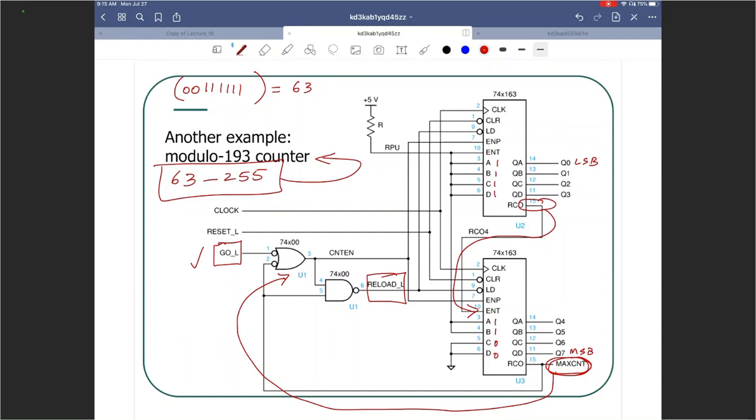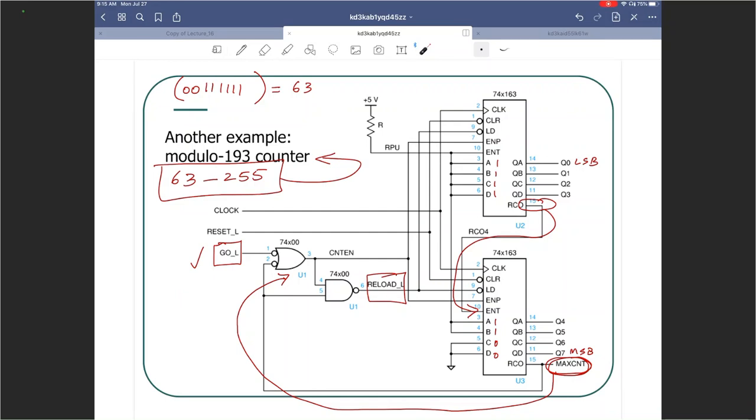And everything else is connected according to their usual controls. They are both clocked by the same clock source. We never want things to clear, so we have connected the clears of both chips to one input called reset_L. We may use that to initiate the counting sequence.